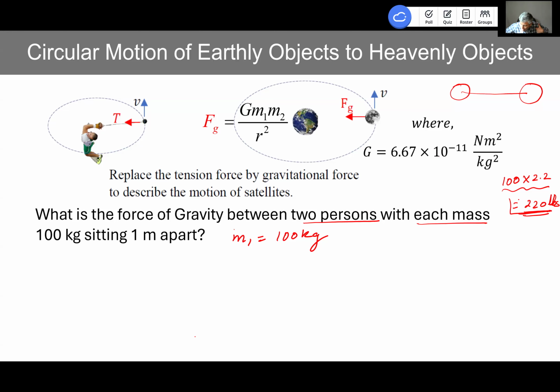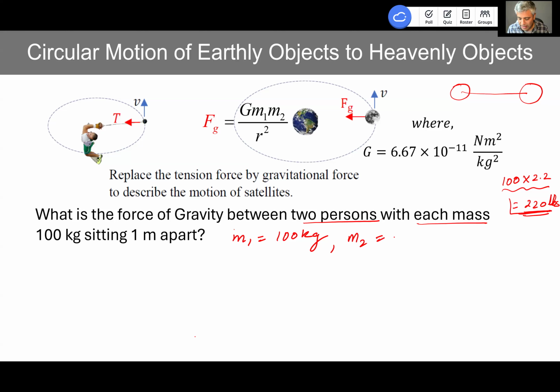What is 1 meter length? From the tip of one hand, if I were to spread my hand from tip to over here, it is 1 meter long, okay? So that's how far they are separated. So now we have some idea about the mass. We have some idea about the distance between these two persons sitting. So let's calculate the force.